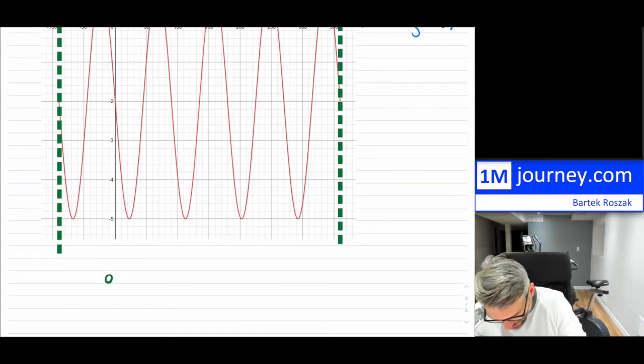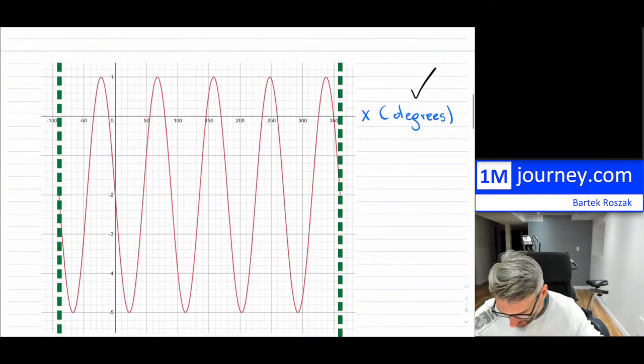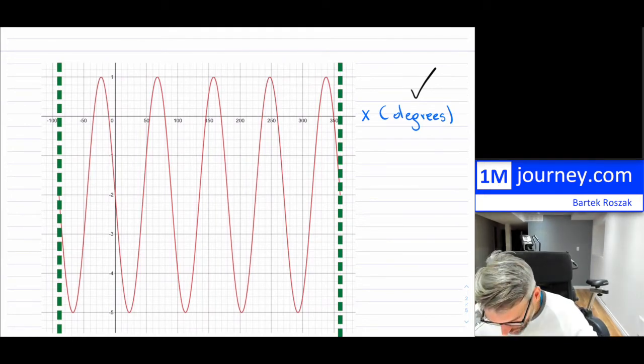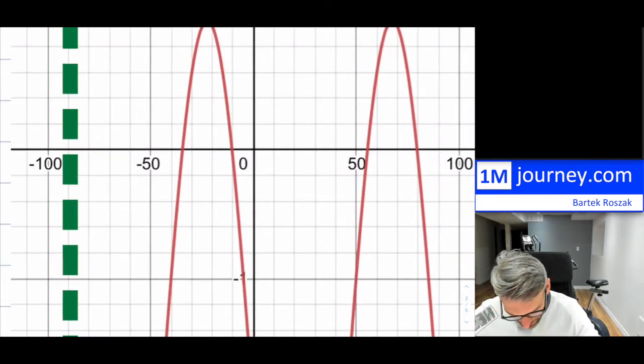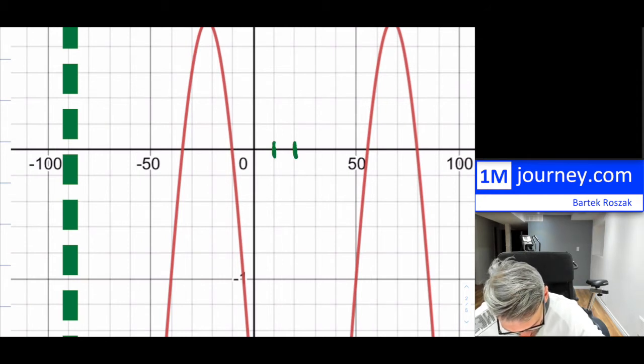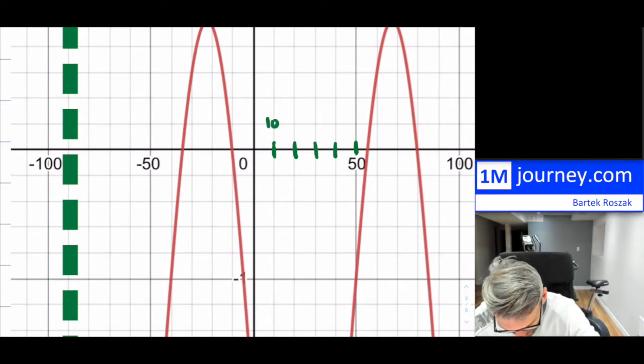So my domain in here, because it is in degrees, let's take a look. Can we deduce? I'm going to zoom in here. Notice that it's divided into 1, 2, 3, 4, 5, and that's 50 degrees, which means these represent 10 degrees.